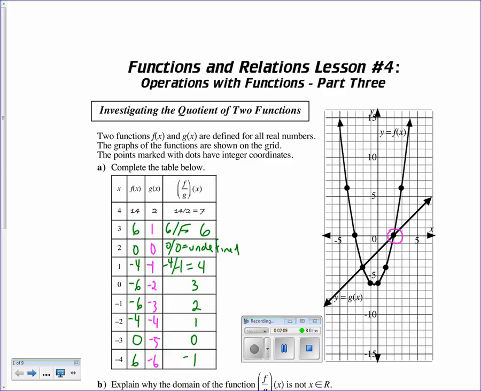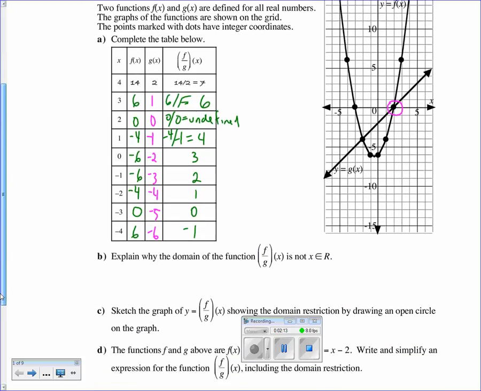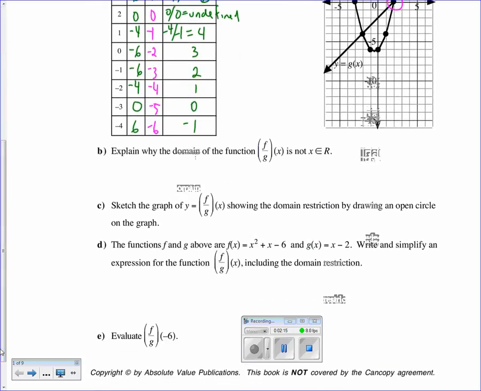Now we've got some issues with division, and that comes up quite quickly here. The domain of the function is not x as an element of the reals, because you can't divide by 0. No division by 0.